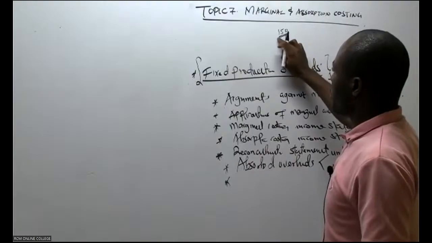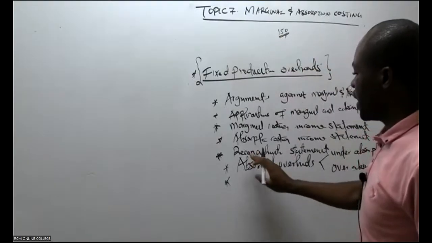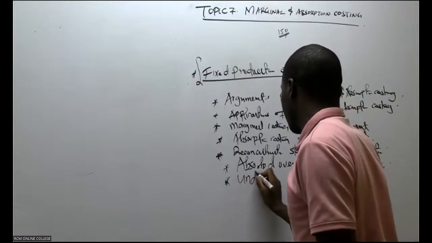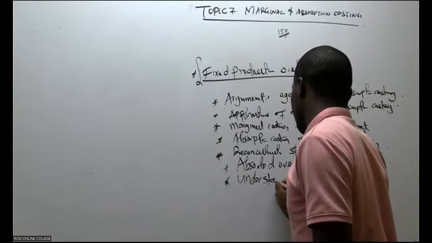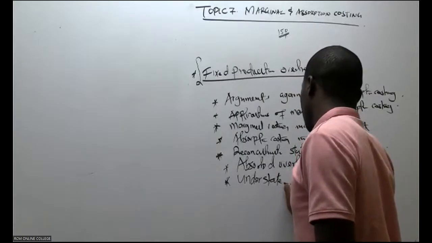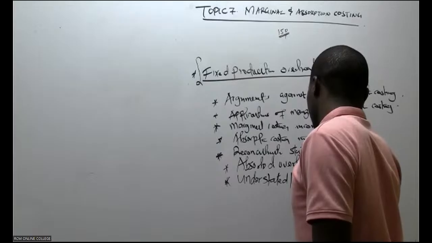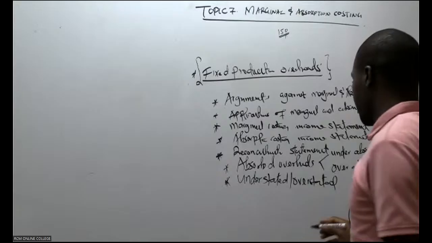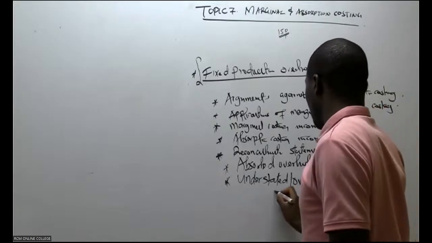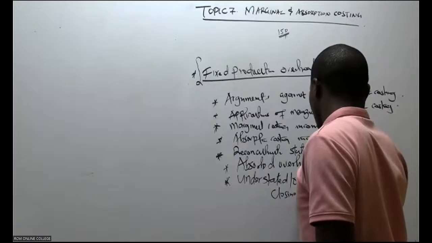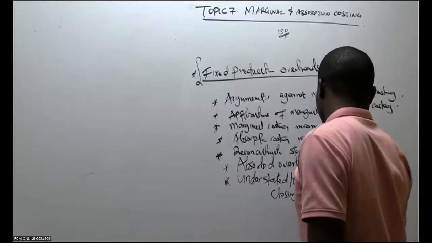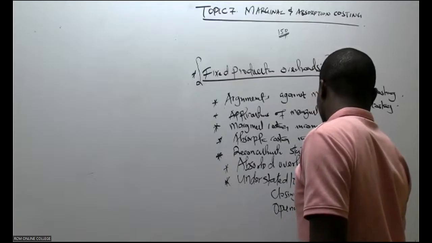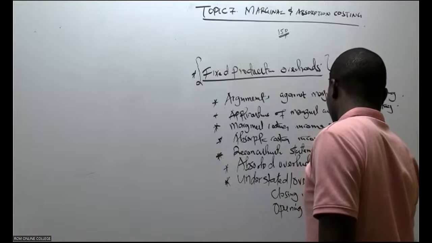And therefore, for the closing inventory, during reconciliation, you are also going to meet these terms of understated or overstated closing inventory, and then opening inventory.